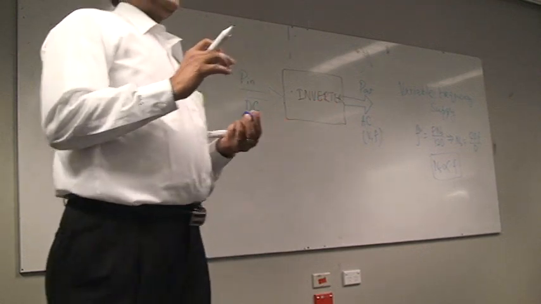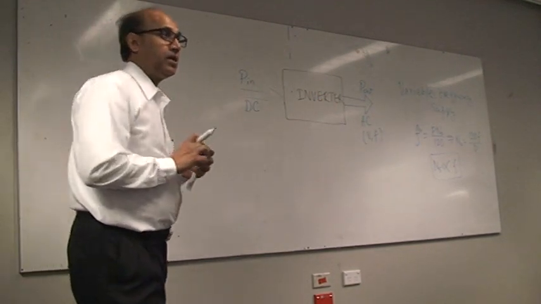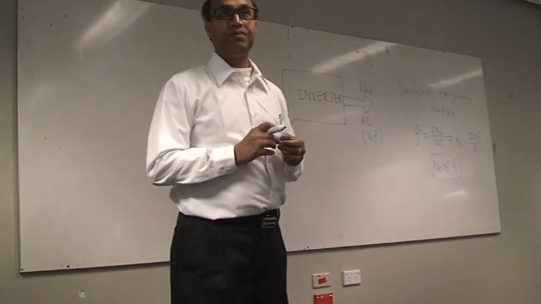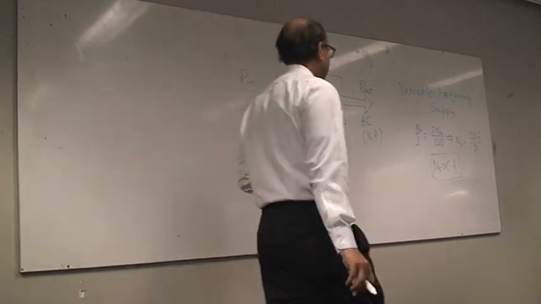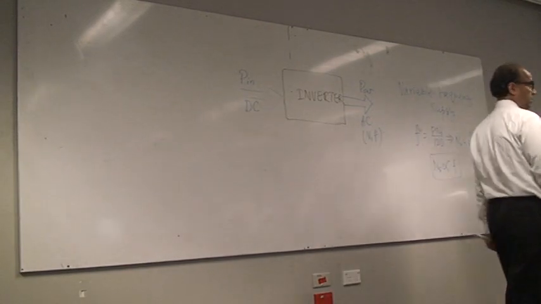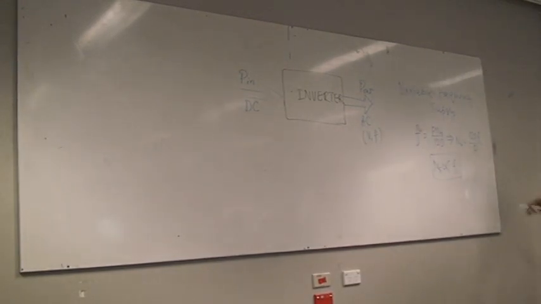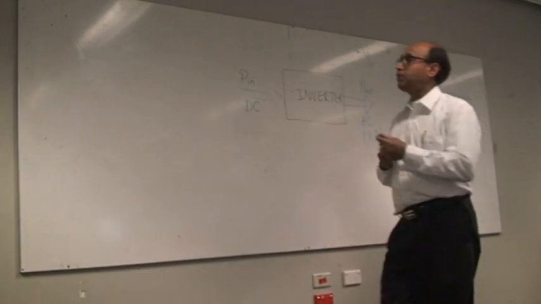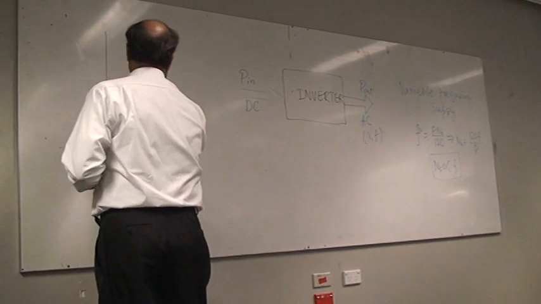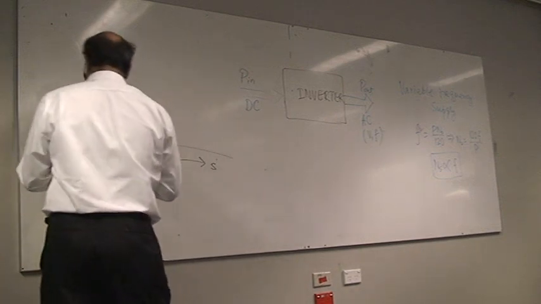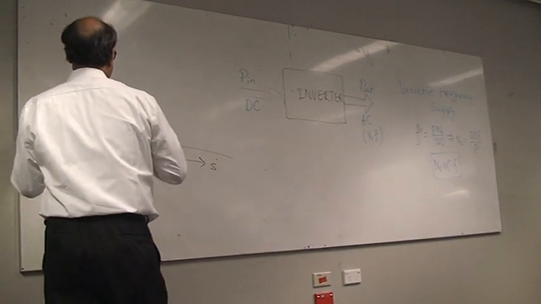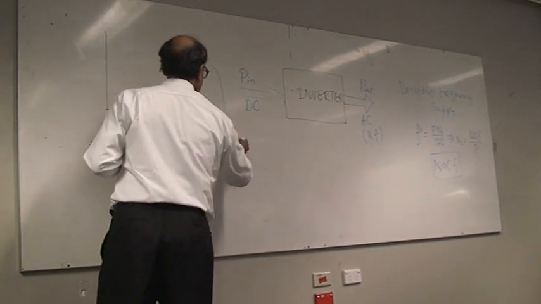Actual speed of the motor is slightly less than the synchronous speed, because the maximum slip is up to 5%. So actual speed is close to the synchronous speed, and synchronous speed is proportional to the frequency. So you can change the frequency if you want to. That's your slip, and you get the torque speed characteristic something like this.